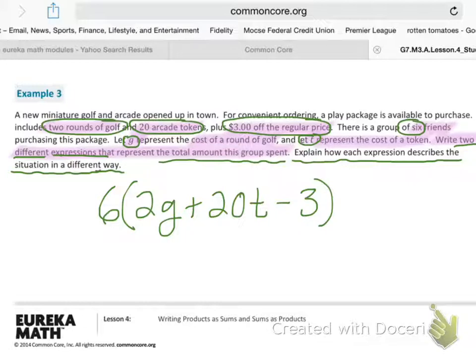Well, the simplest way to write this, I believe, is this expression right here, and it's a nicely factored expression as well.